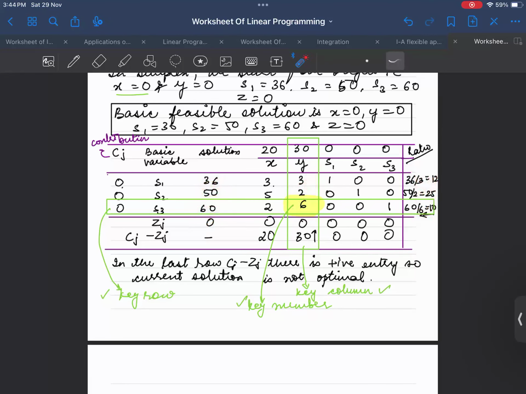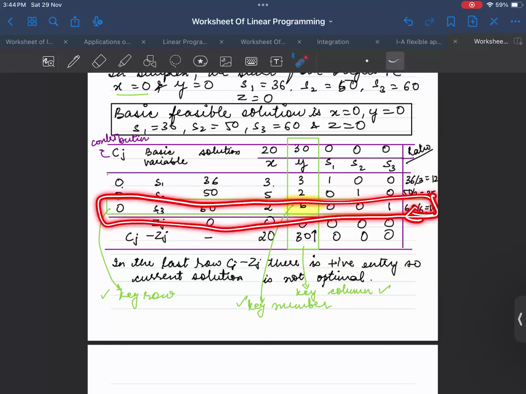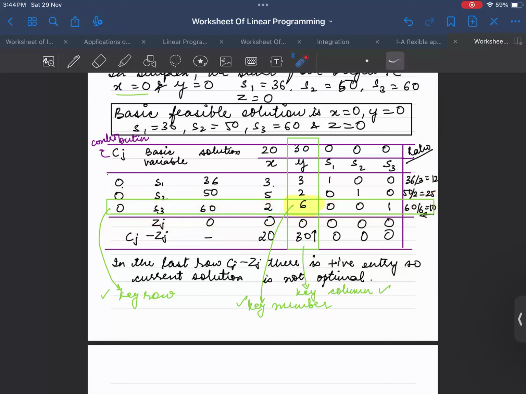So which one is the minimum? 10. Then this row of 10 would be my key row. I have marked it with the green color, right? And the intersecting number would be the key number. Clear? So here S3 would be the departing variable and y would be my entering variable. I think it's clear by this time.